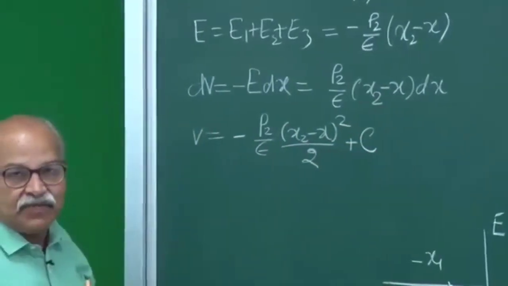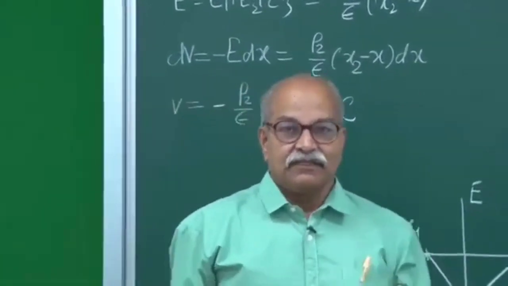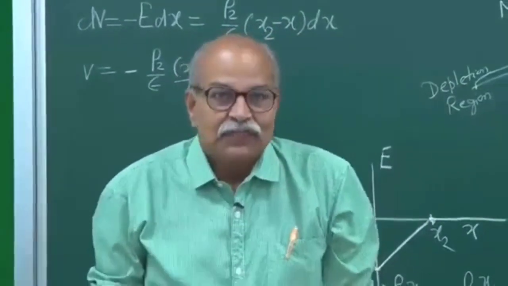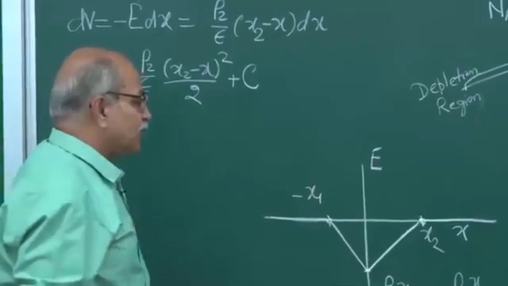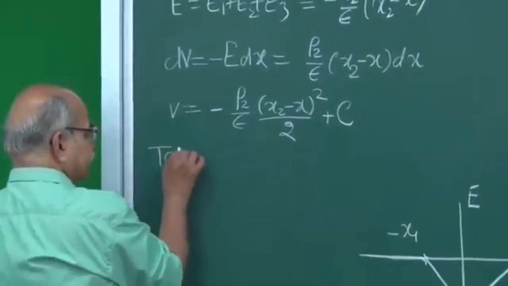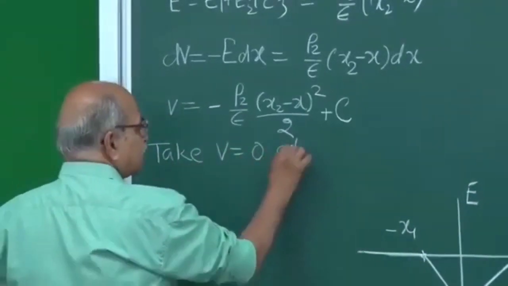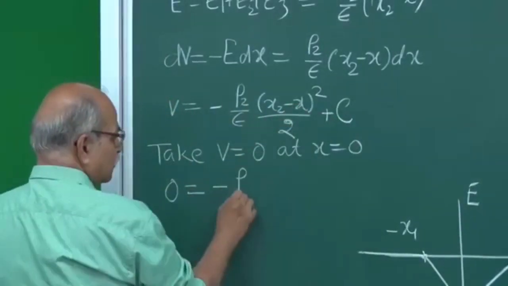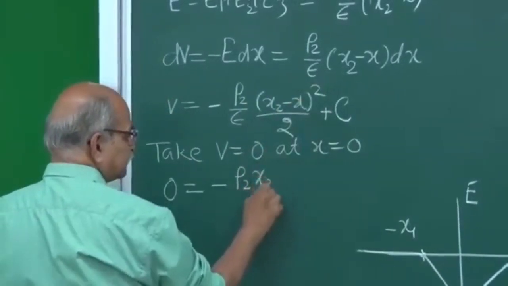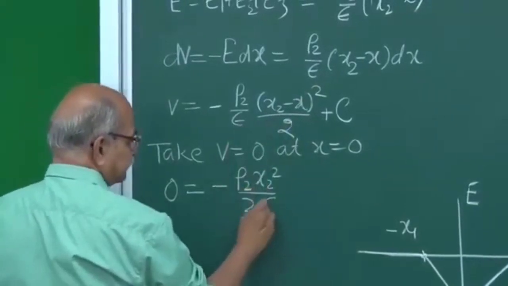And that constant can be evaluated by choosing a point for V equal to 0. So we take this junction point itself, x equal to 0, as the point where V is 0. That's our choice, you know that. So take V equal to 0 at x equal to 0, and then you get 0 is equal to minus rho 2 x2 square divided by 2 epsilon, plus c.